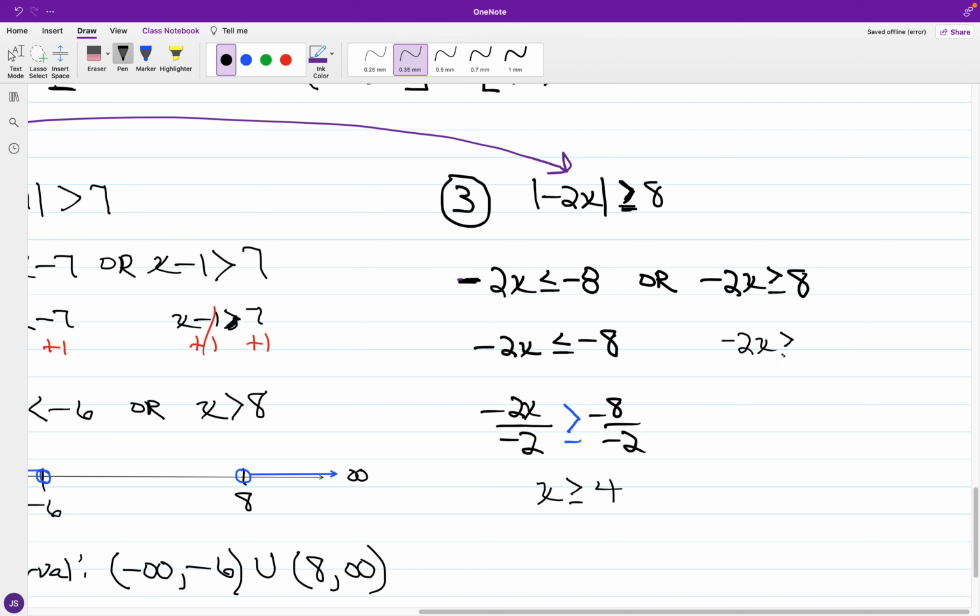For negative 2x is greater than or equal to 8, upon dividing by negative 2, the direction of the inequality, again, is going to change.